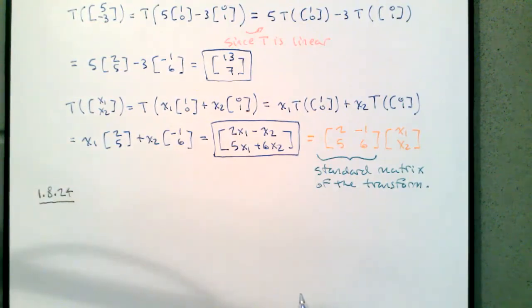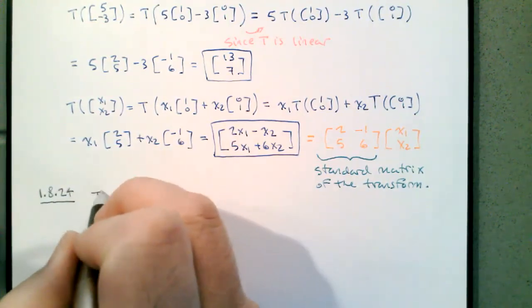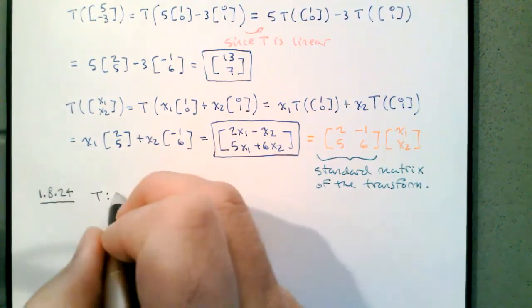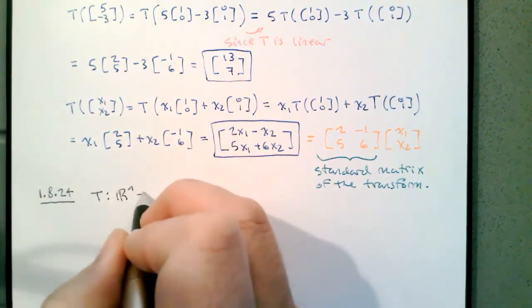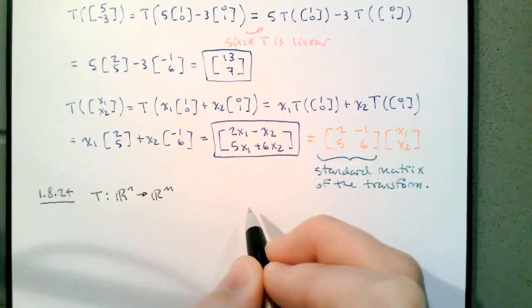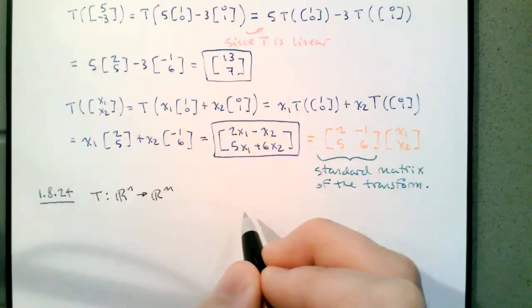So we have a transformation T that maps Rn to Rm. It has the form T of x equals Ax plus b, where A is an m by n matrix plus some b in Rm.